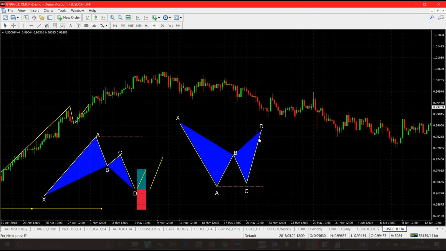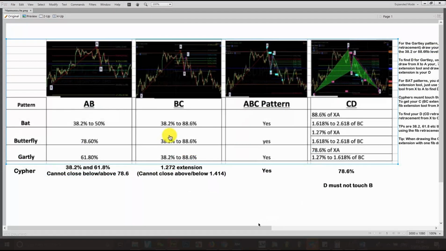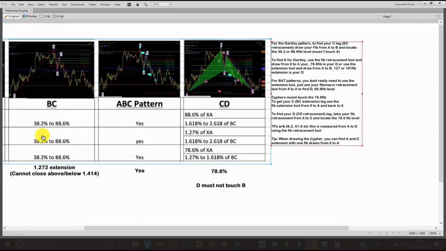Okay, so where would be your TP? Same thing. You pick up your Fibonacci tool. TPs are 38.2, 61.8, etc. This is measured from A to D using the Fib retracement tool.